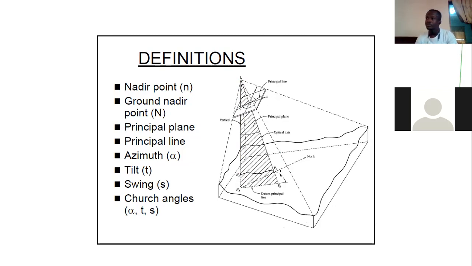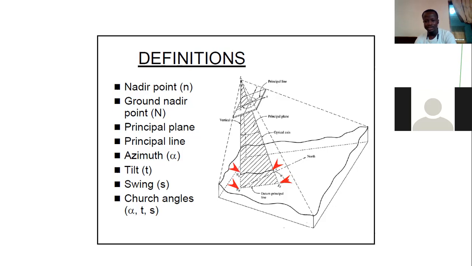That's PG. And the projection of the principal point on the datum is PD. Same way we have ND. So these are projections of the nadir point and the principal point.